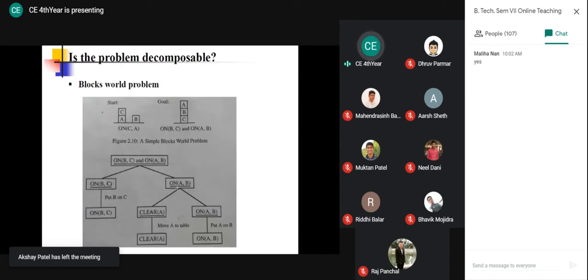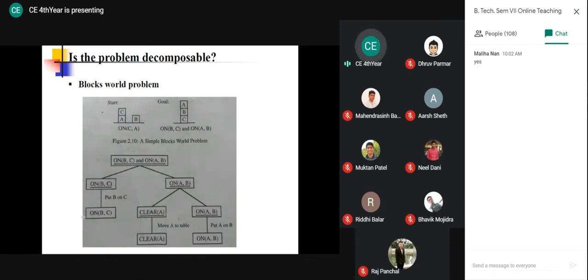But in the second sub-problem, if you want to put A on B, then first you have to clear A by removing C, right? This task is easily done if the start state is given. And if we try to combine these two sub-solutions into one solution, then you can say we will fail.